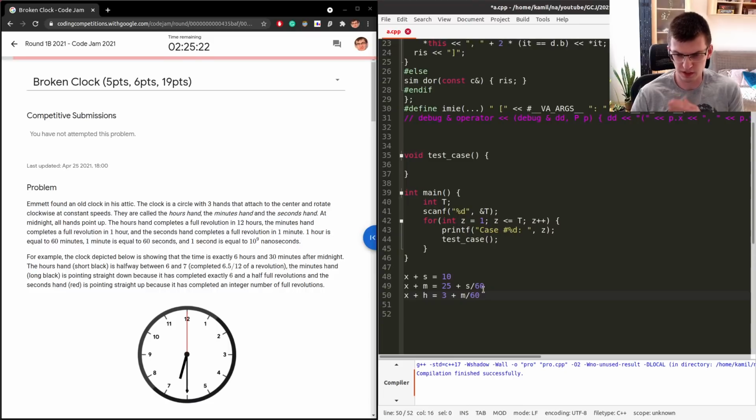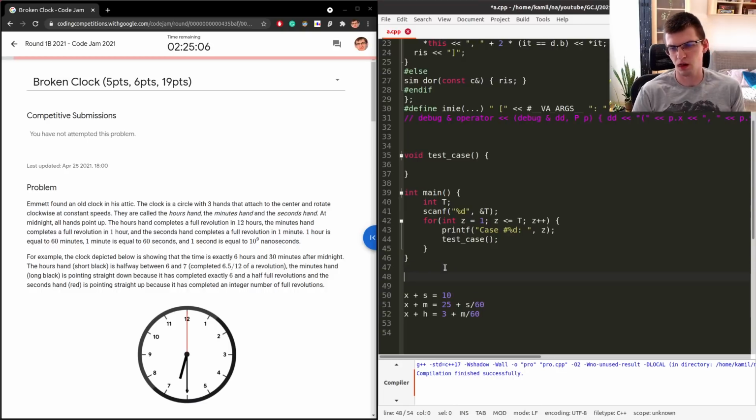And everything is integer. Don't know x. I know just values, for example, 10, 25, and 3. Those are hidden. For example, I know that I need to find those.